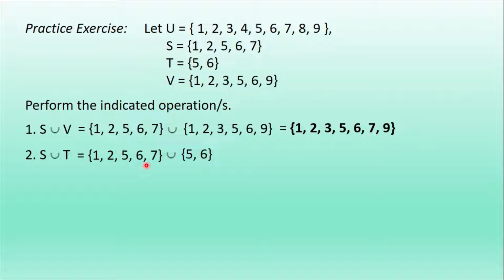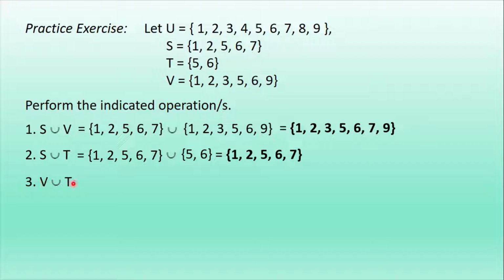Then since meron na tayong 5, 6 dyan, we just have to take all of these elements. Okay, so we can come up with 1, 2, 5, 6, 7. Okay, pinag-combine lang natin since magkaparehas naman sila ng elements. So ito na lahat. Okay, I hope you understood it.